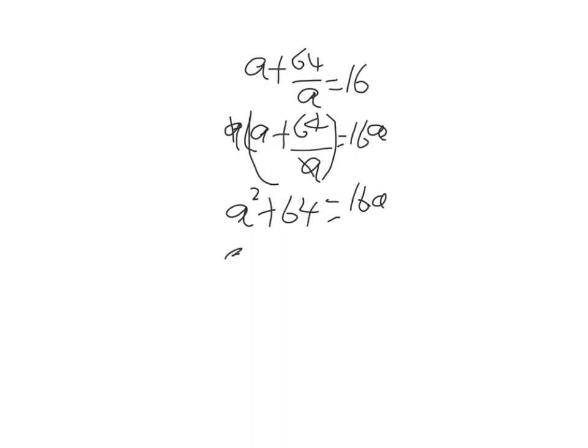So I'm going to rewrite A squared first, and then negative 16A to the left, then plus 64 equals 0. Then now you factorize.